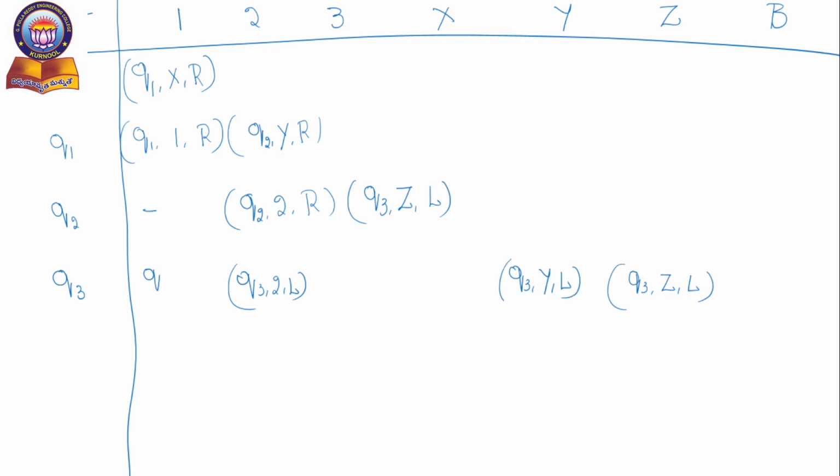You are just scanning all the symbols and moving towards the left side. Next, you will get the 1s. Then (Q3, 1, L). You will repeat this process until X is encountered. When X is encountered, you will jump to the state Q0 to repeat the cycle. So, (Q3, X, R).